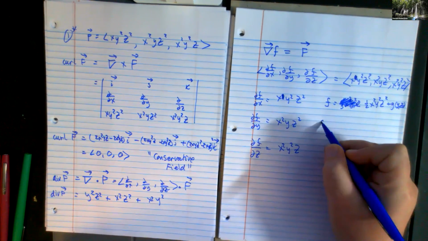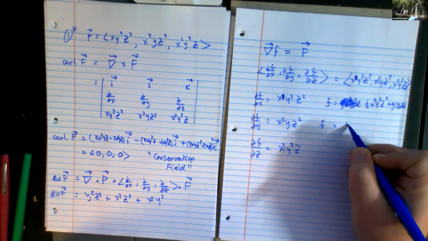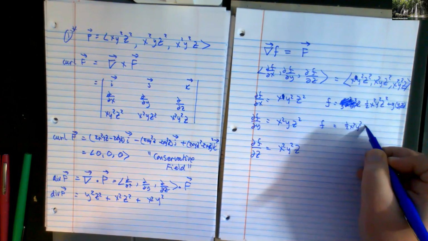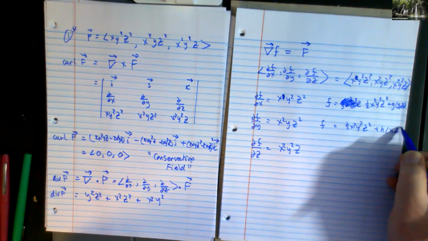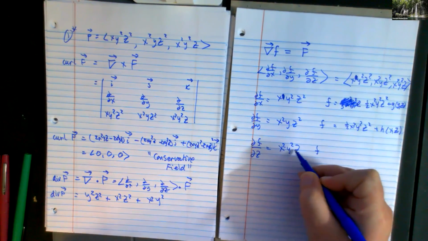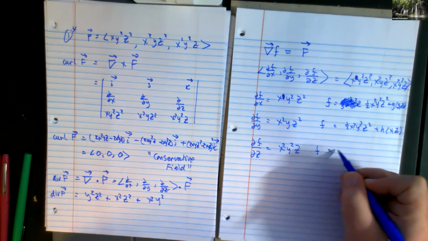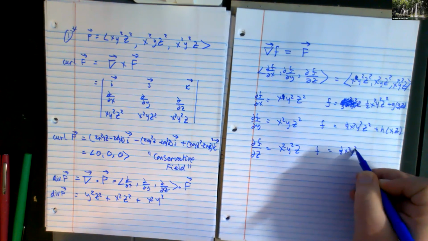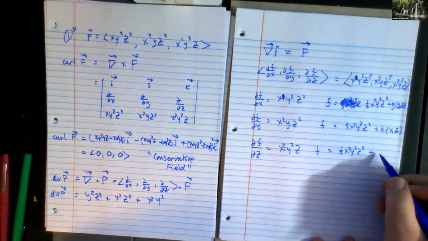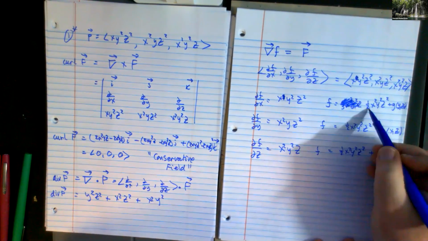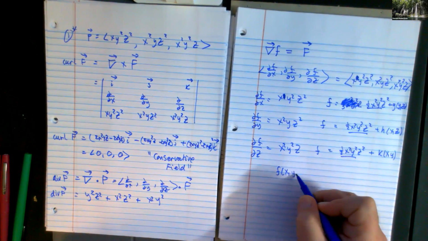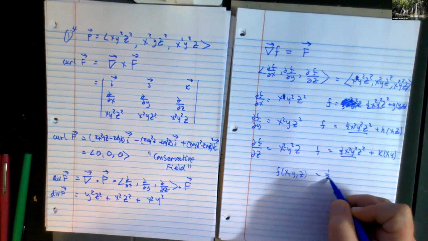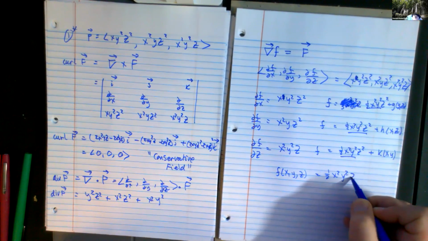And if you do this one with respect to y, you're going to get 1/2 x squared y squared z squared plus an arbitrary function that doesn't have any y's in it. And if you integrate this one with respect to z, you get that guy plus an arbitrary constant that doesn't have any z's in it. And I think we got lucky here. Would you agree that little f, when you merge them, is that guy?